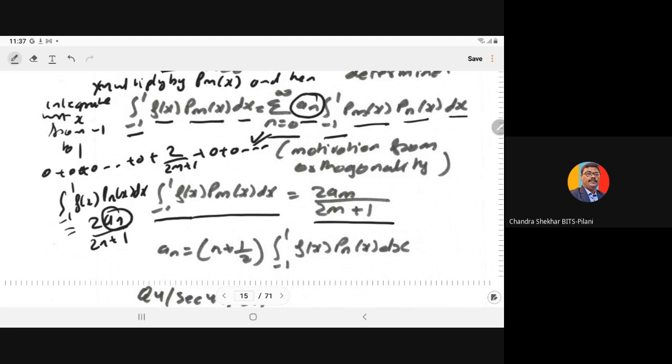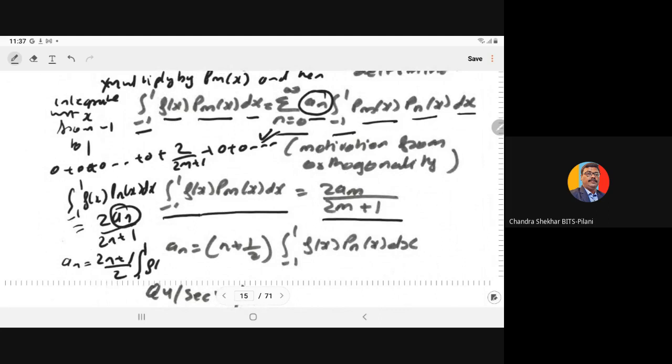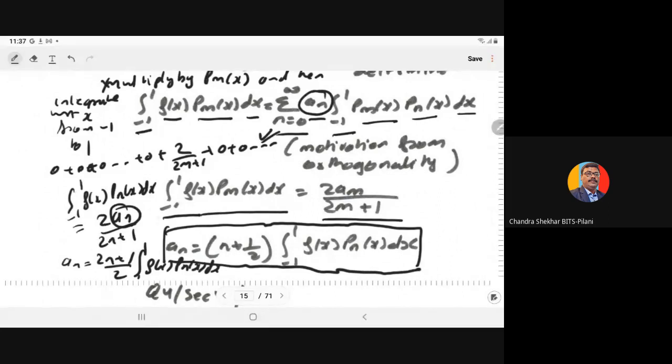Now just compute the value of an. So we can compute: an is equal to (2n plus 1) upon 2 integral minus 1 to 1 f(x) Pn(x) dx. So this can be written as an is equal to (n plus half) integral minus 1 to 1 f(x) Pn(x) dx.